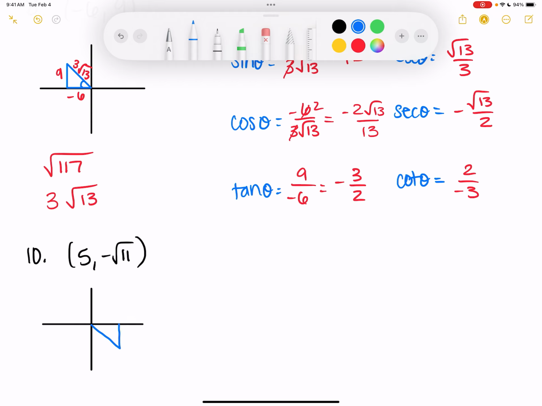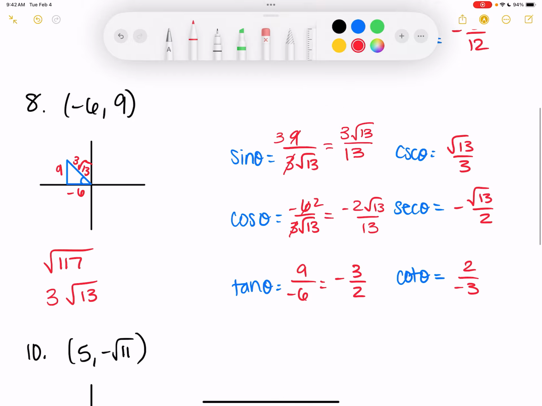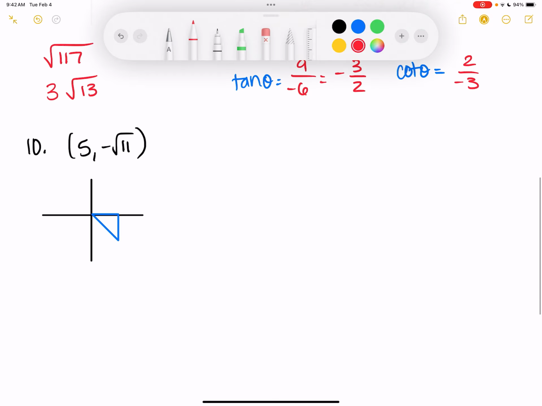Negative square root of 11. 25 plus 11 is 36. Oh my gosh, the hypotenuse is 6.